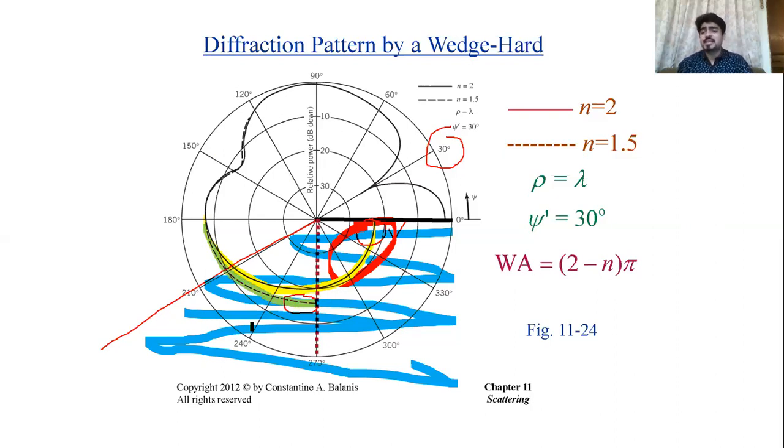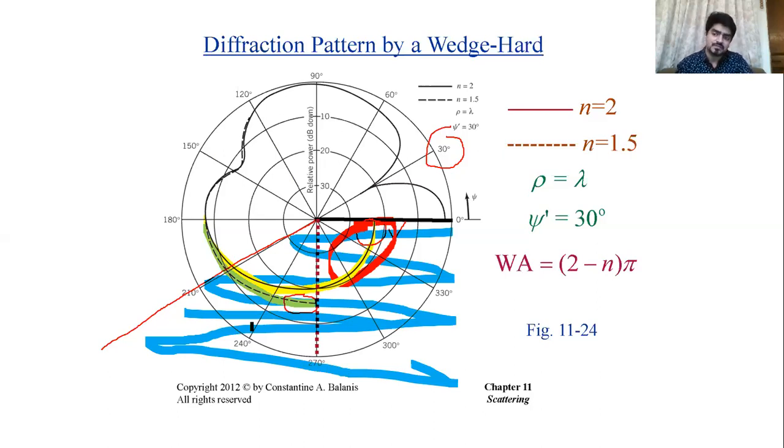So why is that happening? Think about it. It is happening because now you have a magnetic line source. That means your E field is in the XY plane. It is normal to the axis of the wedge or corner, the Z axis, right? It is perpendicular to the Z axis. That's why this is TE to Z polarization.